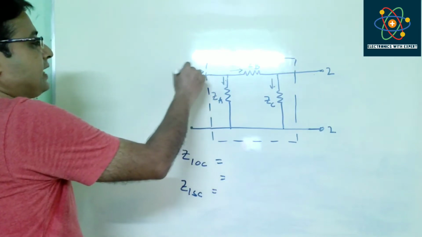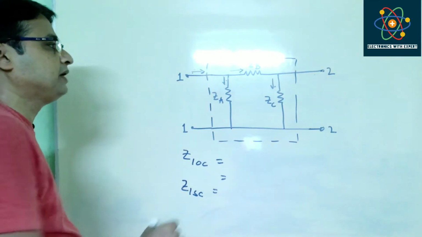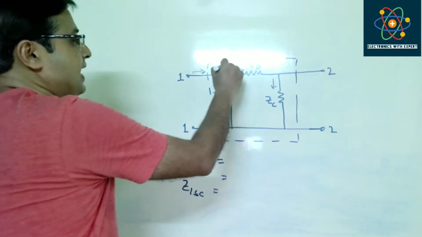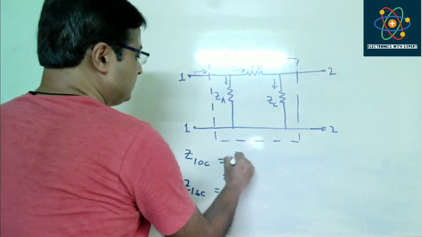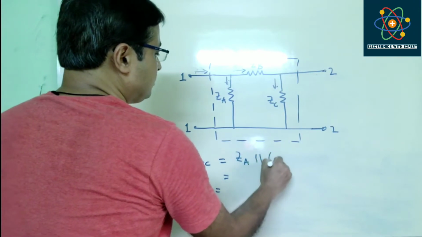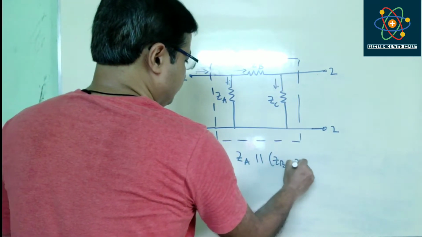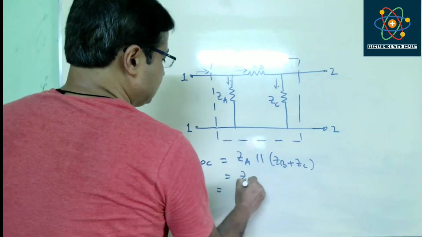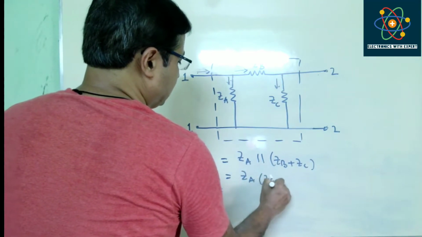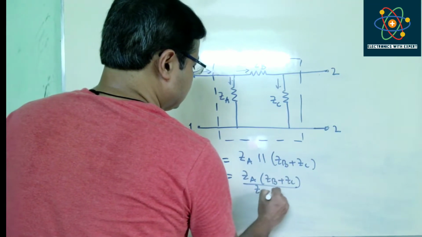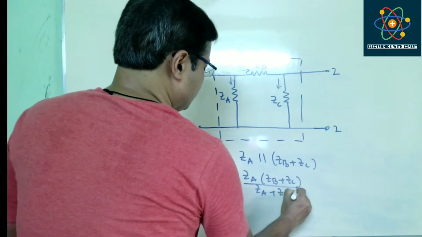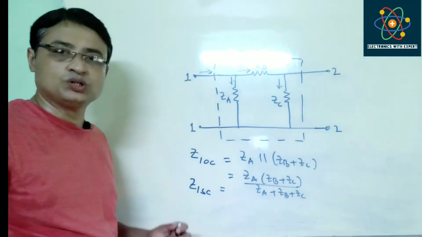If we take a current flowing through the 1, 1 terminals, it will flow along ZA and ZB, and then along ZC. That means ZA is parallel to ZB plus ZC. So it will make ZA into ZB plus ZC whole divided by ZA plus ZB plus ZC. So this is the Z1OC.